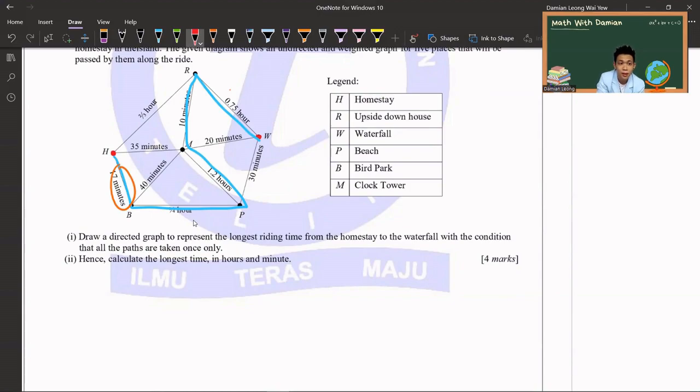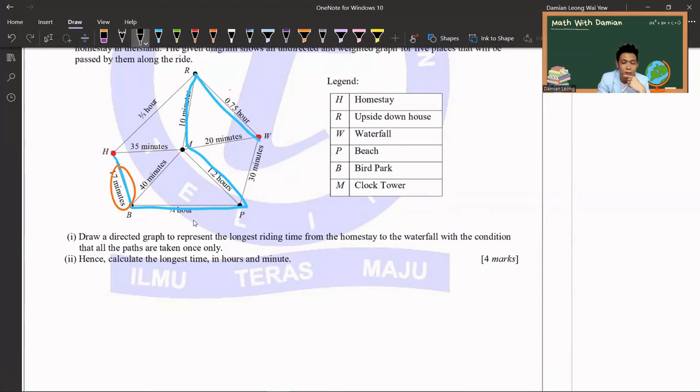In fact, I can even go to the waterfall first, then back to the homestay and go back again. So I can go all the way here like that. It can be a very weird roundabout path where it loops back to the same point, then go again. So I'm not going to consider those.